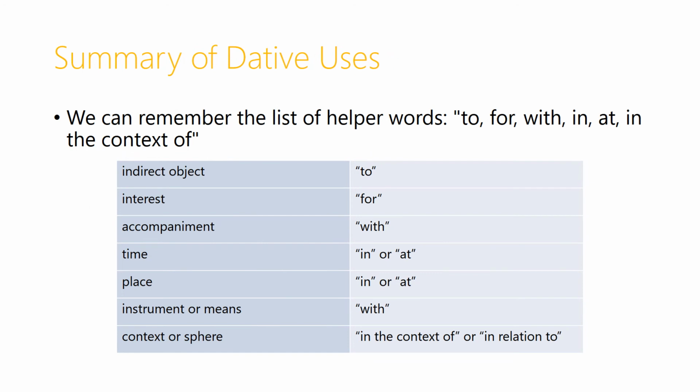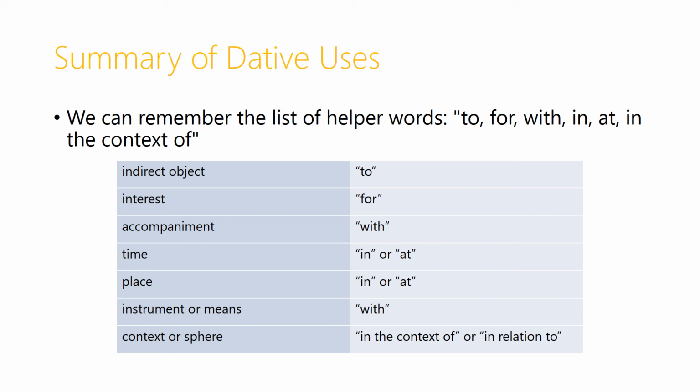Here's a summary then of the dative uses we've talked about. This isn't exhaustive, but this gives you a good sense of some of the most common kinds of noun-verb relationships that can be identified with the dative.